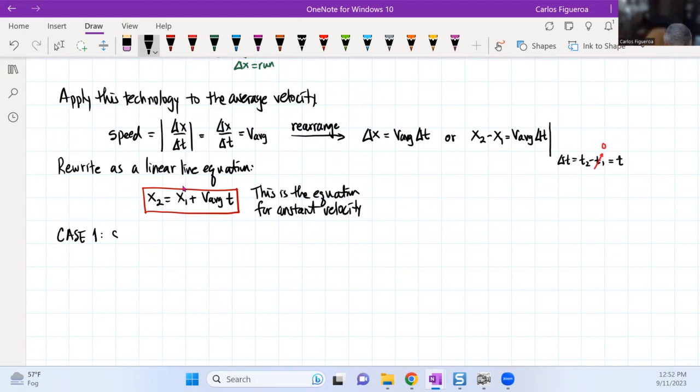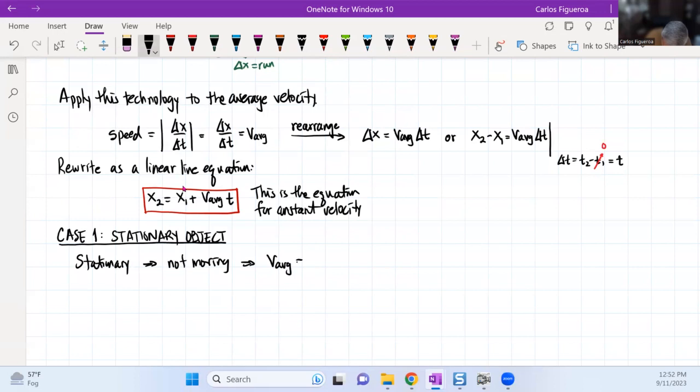We want to look at what happens if I have a stationary object. So what do we mean by stationary? If I say the word stationary, of course it means it's not moving, right? And if it's not moving, we then say that the average speed of this object should be 0.